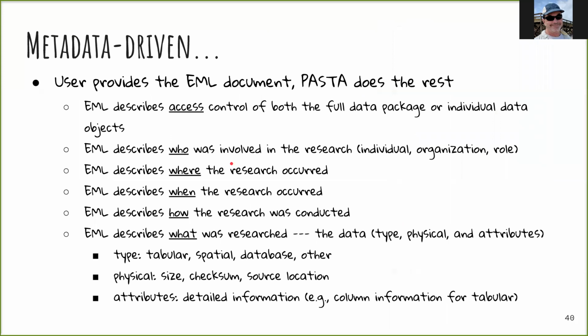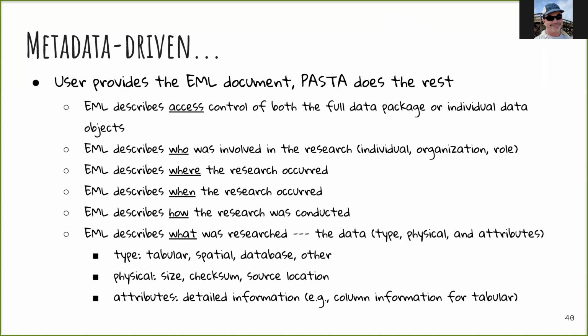So if we look at EML, what does EML provide PASTA? EML can describe the access control of both the full data package and/or the individual data objects itself. It describes who was involved in the research, not only at the individual level, but it can describe both organization and roles.